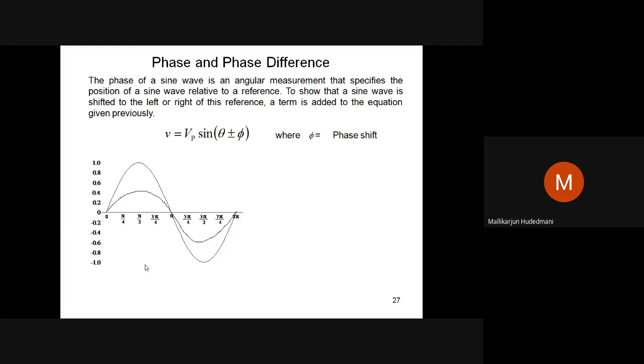Before that, we need to see where it is applicable and why we are studying this. Whenever we apply an alternating voltage to a resistor, inductor, or capacitor, current will have its relationship with the applied voltage, sometimes in phase, sometimes phase lagging, sometimes phase leading, depending on the nature of the circuit.